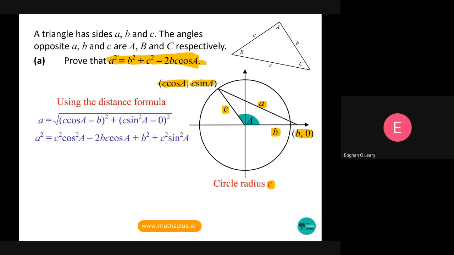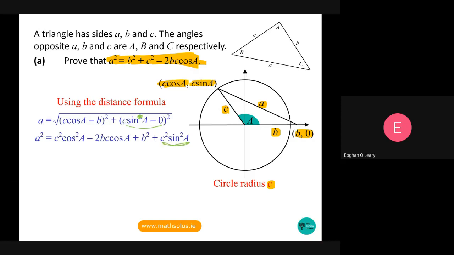There's just a little typo here on the screen. Let me scribble it out. Okay, it's c sine A minus 0, all squared. The 0 disappears, and all you're doing is squaring c sine A, so you get c squared sine squared A.